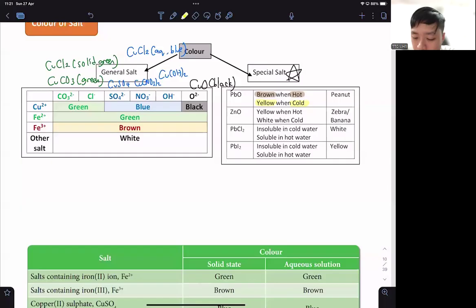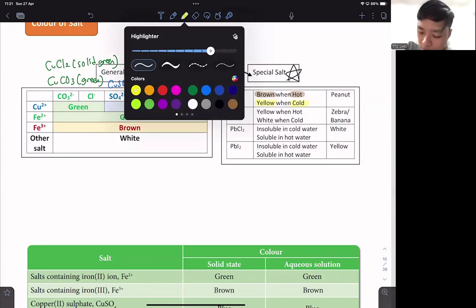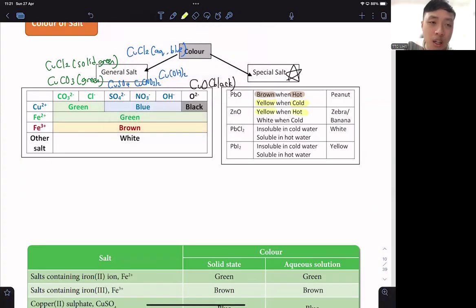Also remember PbO, because later on you will involve heating as well, so you have to know what color salt comes out. Then zinc oxide, yellow when hot, a bit like a banana. So peanut is outside, the skin is brown, inside yellow. Banana, outside the skin is yellow, inside is white. So zinc oxide is white when it's cold.